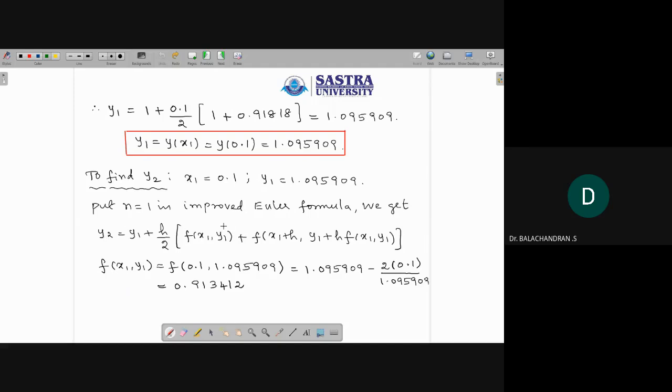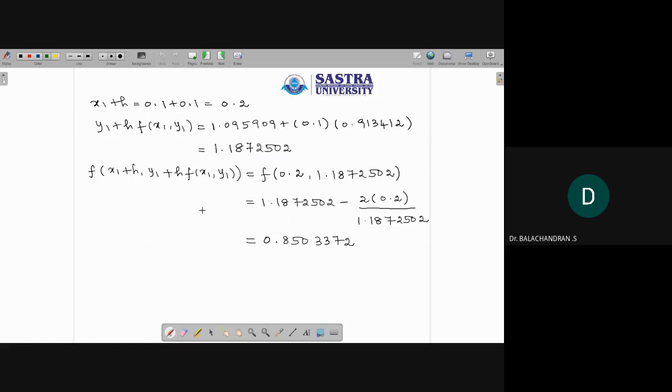Next, we should find f of x1 comma y1, that is f of 0.1 comma 1.095905, and you get these values. Next, calculate x1 plus h, and then calculate y1 plus h into f of x1 comma y1, and then calculate f of these parameters.